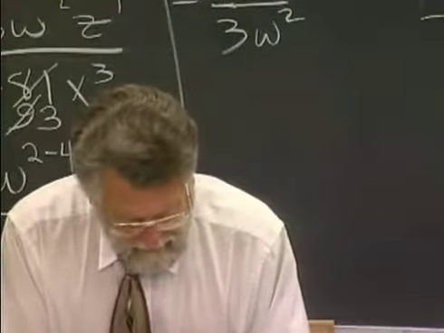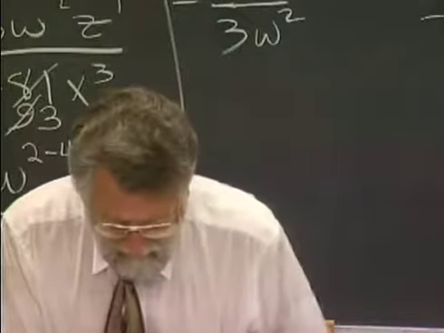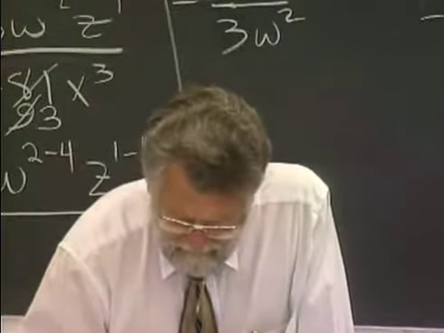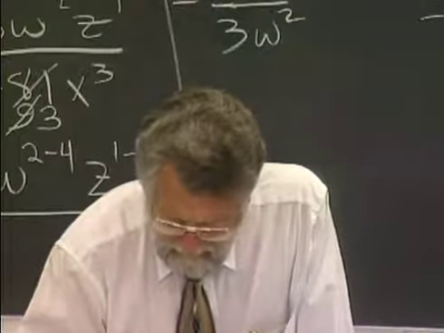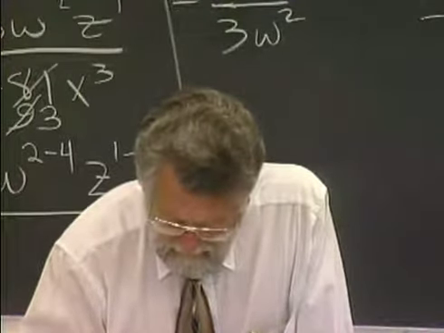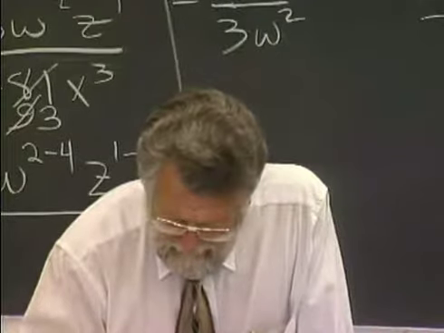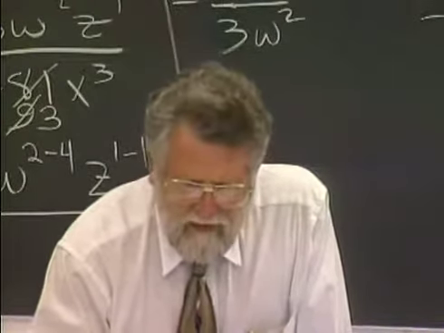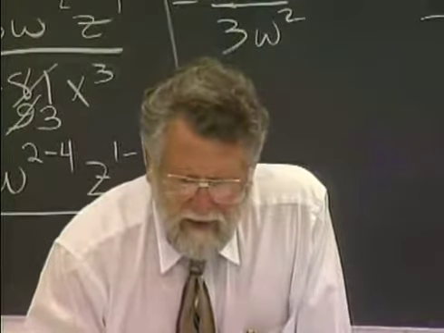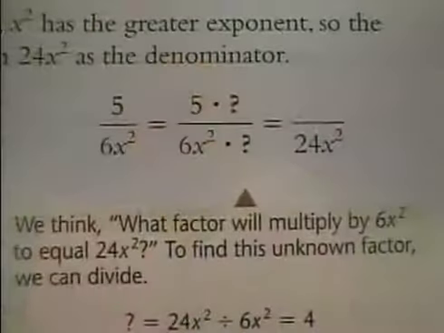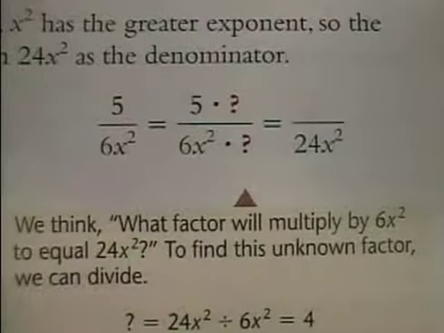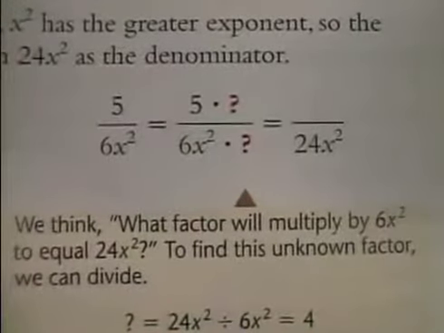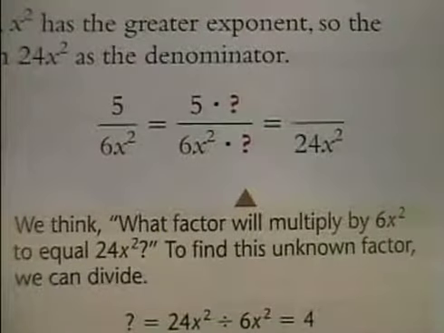So if we look at something like, I'm trying to see what I want here, and I don't like what I'm seeing, but let's just look at this one, it's ridiculously easy. I want 24x squared as the new denominator, and I had 5 over 6x squared.